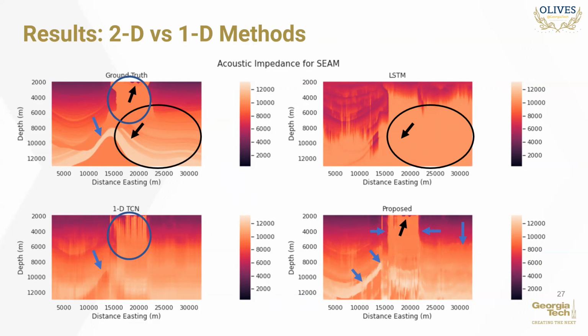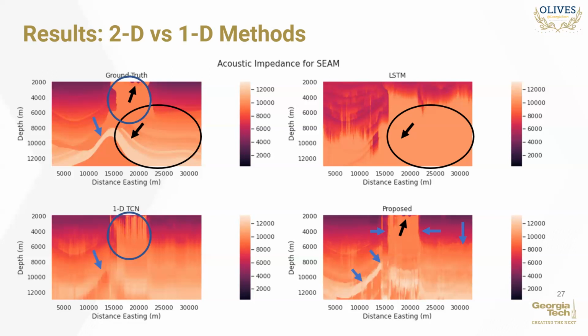Similarly, on the bottom left, I have the predictions by the 1D temporal convolutional network, which is also able to model the seismic data in a temporal fashion, but not able to incorporate the spatial context around the well position of interest. And lastly, at the bottom right, we have the proposed method.